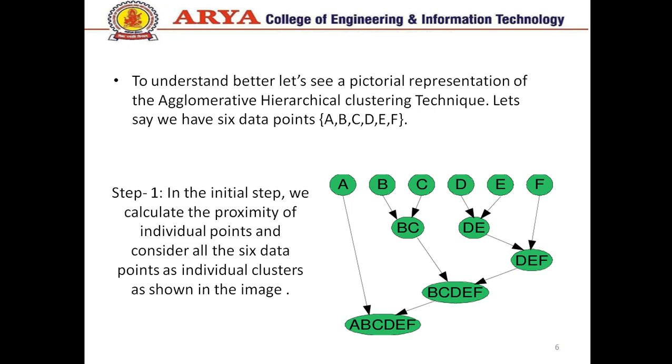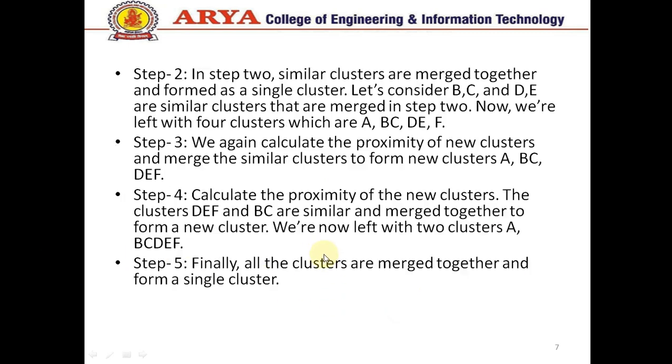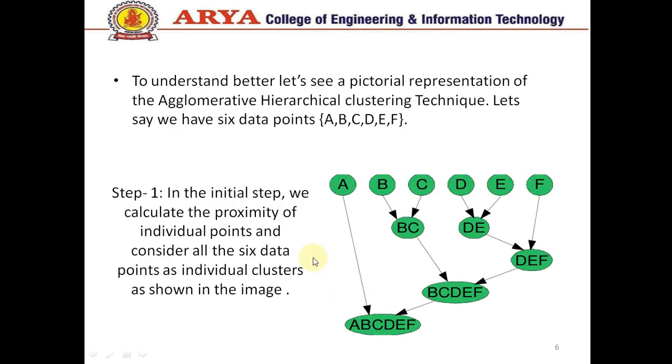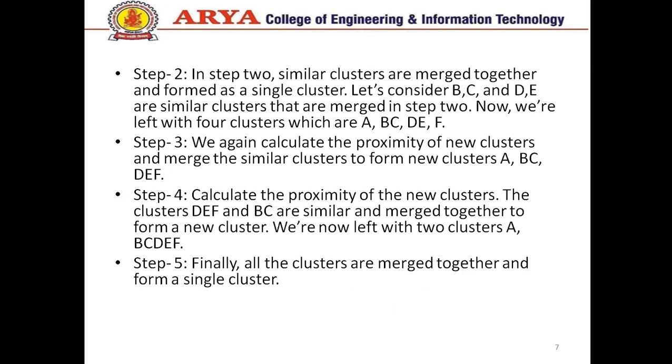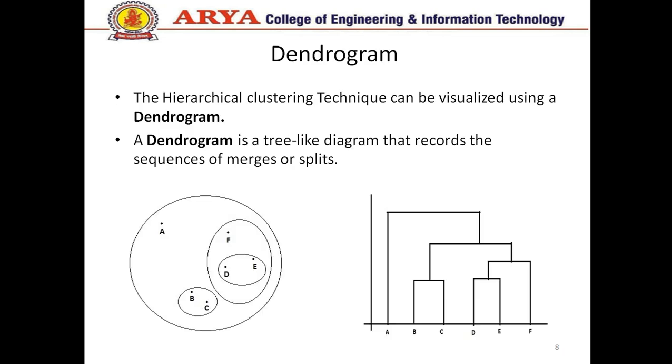Here we are forming B and C in a group, D and E in a group. Then we are merging D, E, F in a group, and again we are merging B, C, D, E, F in a group. So the process is from bottom to top. These are the steps to perform agglomerative hierarchical clustering.